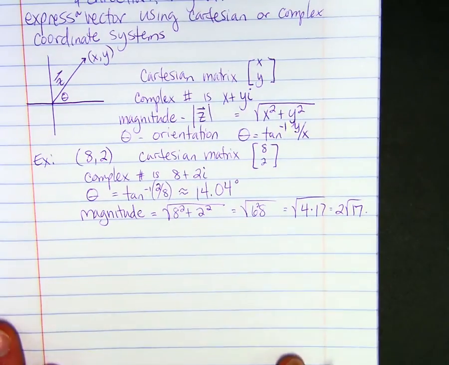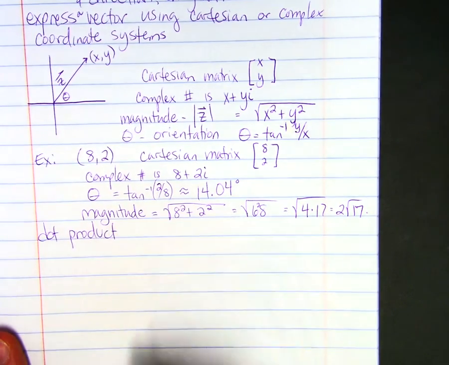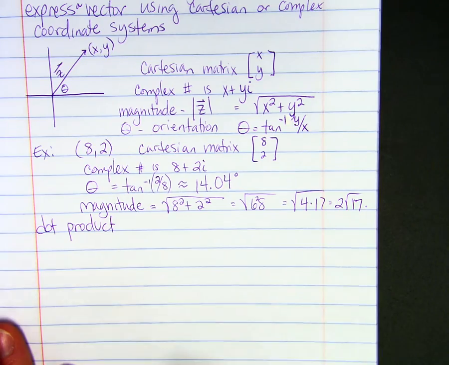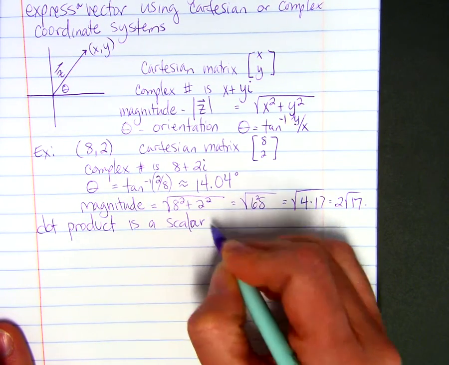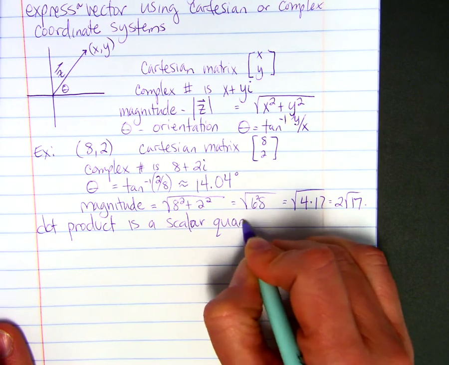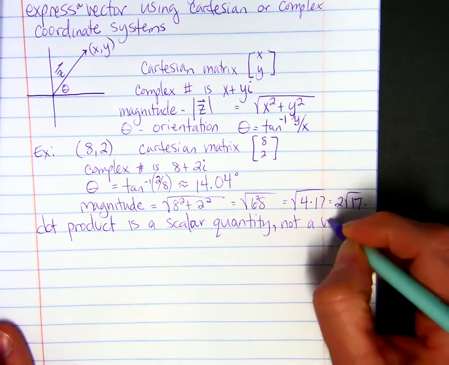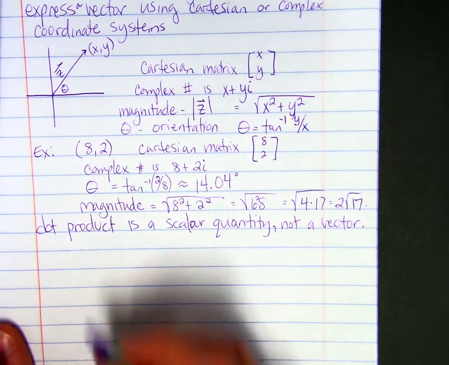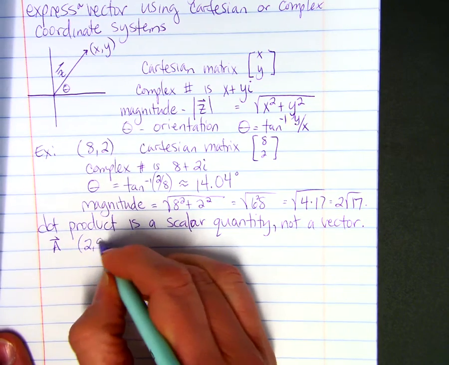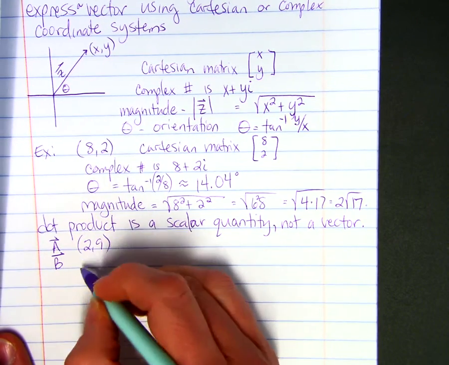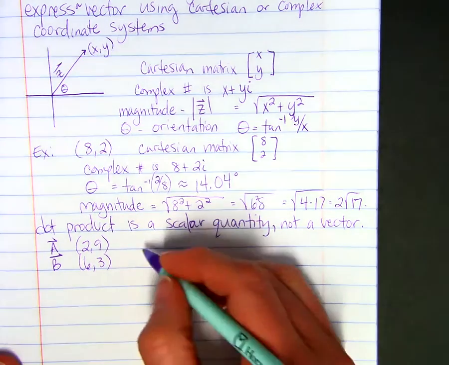Okay, now a dot product is a scalar quantity. Scalar just means like a number. It's not a vector. So if vector A ends at 2, 9 and vector B is at 6, 3, we want to do the dot product.